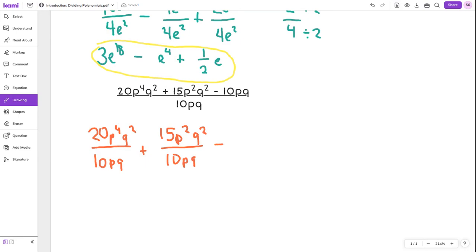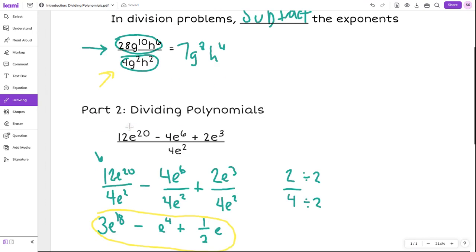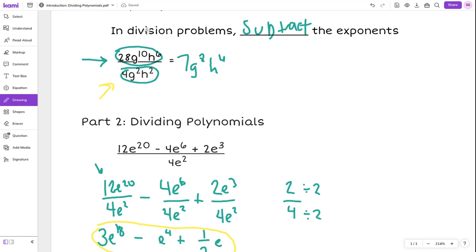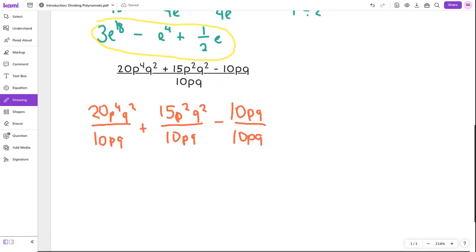And then I need to do 10pq divided by 10pq. When I go to do that division, same as above, I can do one part at a time. So I can divide my numbers and then subtract my exponents for each variable.